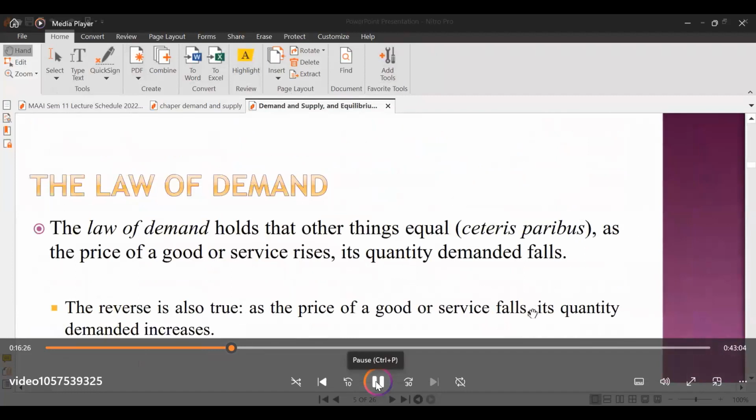Out of these different demand determinants, one factor is very important, that is the price of the product, right?